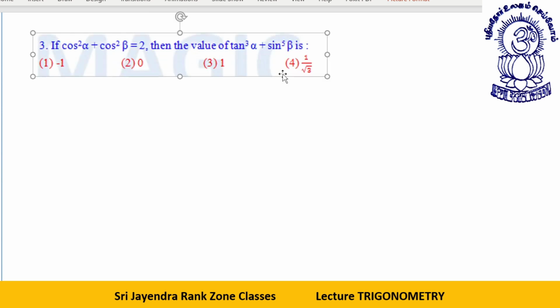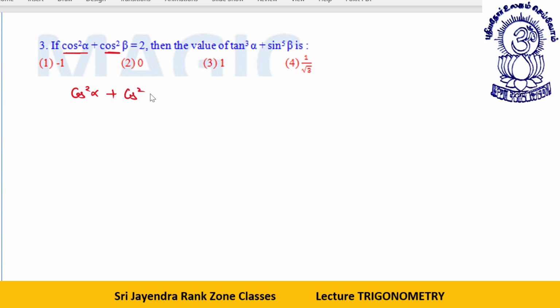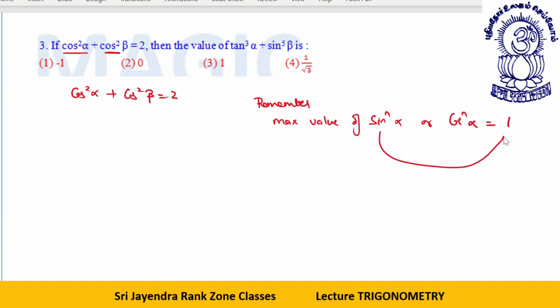You have two expressions of cos which add up to give you a 2. Cos square alpha plus cos square beta is equal to 2. Remember, maximum value of sine raised to power n alpha or cos raised to power n alpha is equal to 1. This is also 1 maximum value.